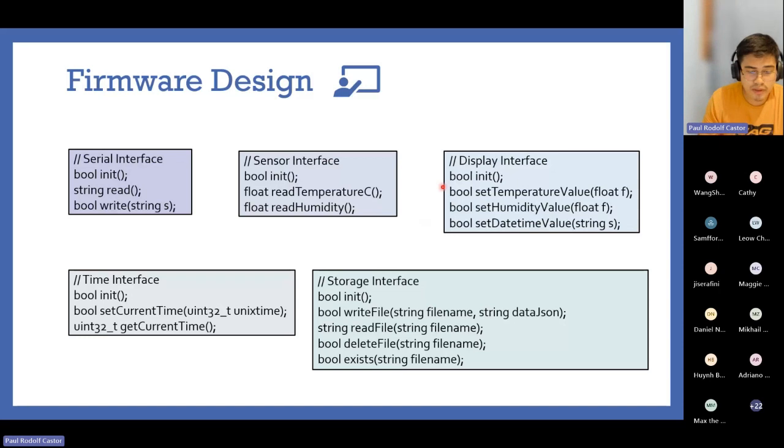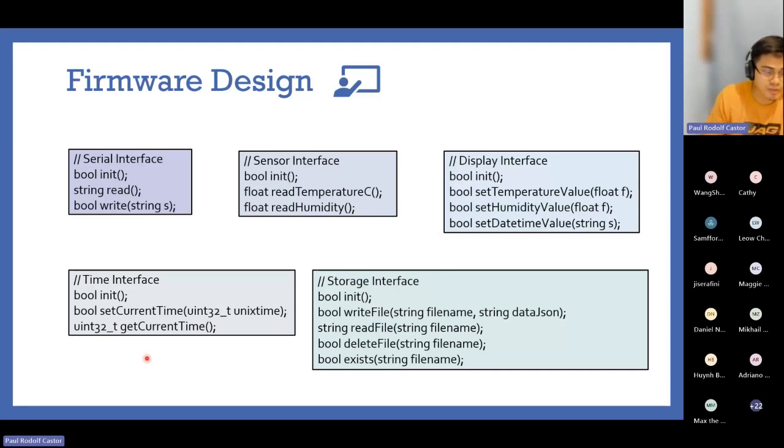Next one is the display interface. As usual, we have the bool init, the bool set temperature value, which takes a float parameter f, as well as the bool set humidity value with a float f parameter. Next one is the bool set datetime value with a parameter of string s.